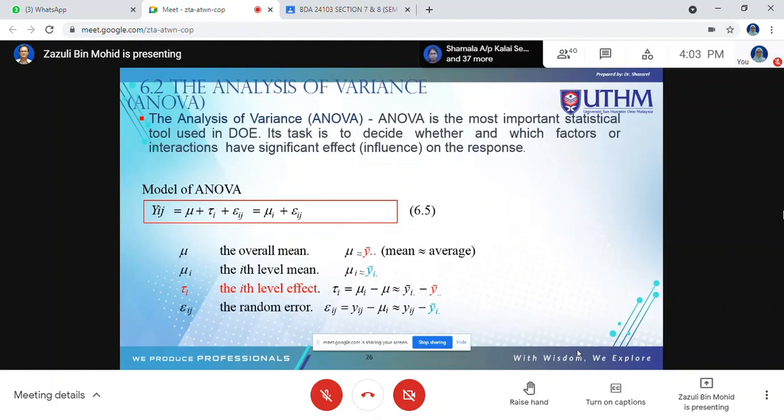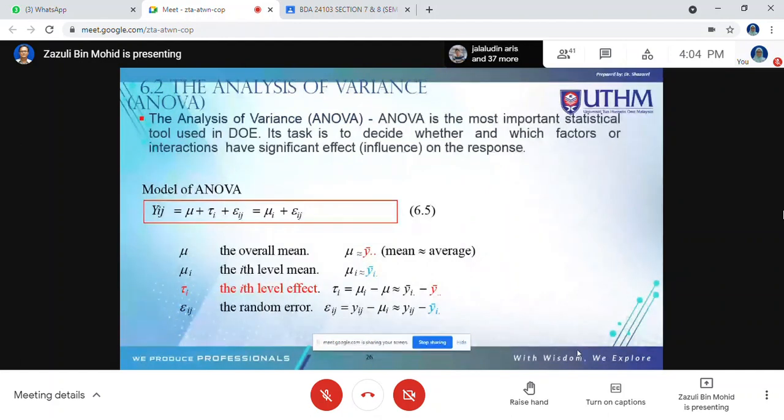So ANOVA is a model. Actually, it is a model that we use to design an experiment so that we can see whether the factors in our experiments give significant effects on the results or not.